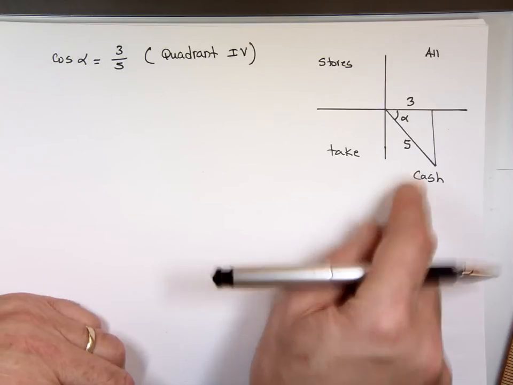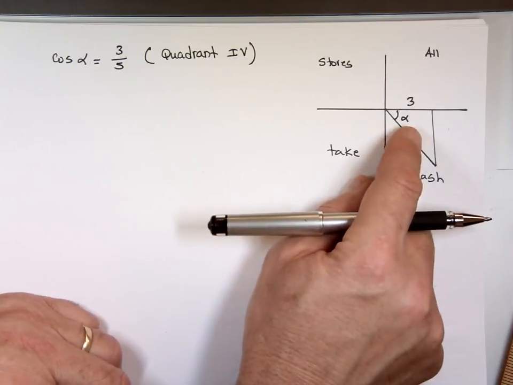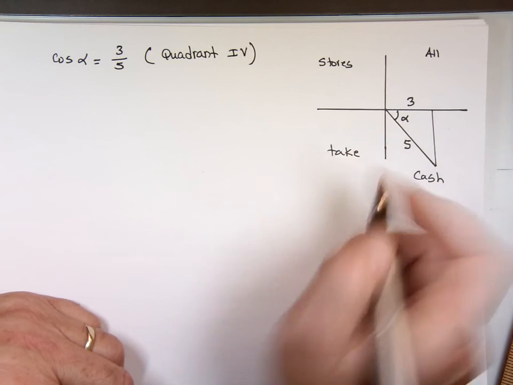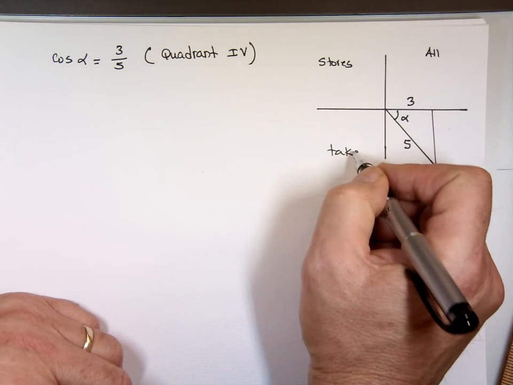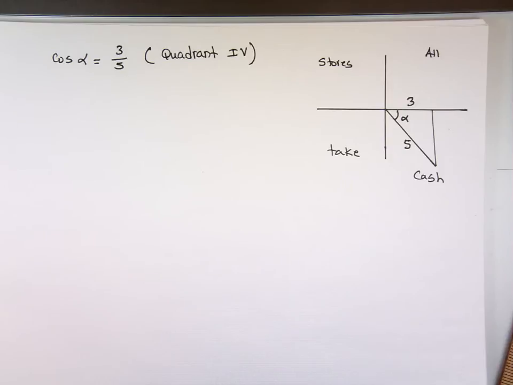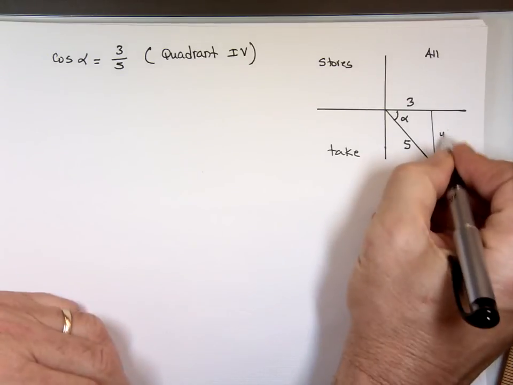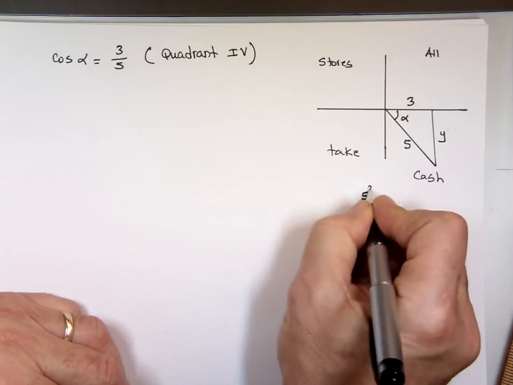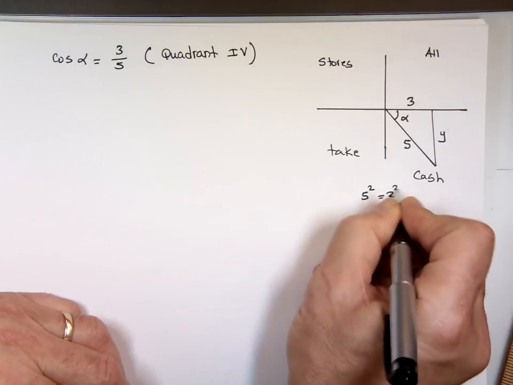Now when you double that angle, it's probably going to be right here. So in that, only the tangent is positive. The other two will be negative. So let's find the y value. 5 squared equals what? 3 squared plus y squared.